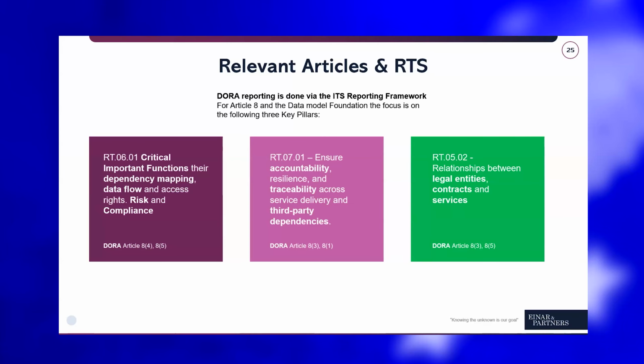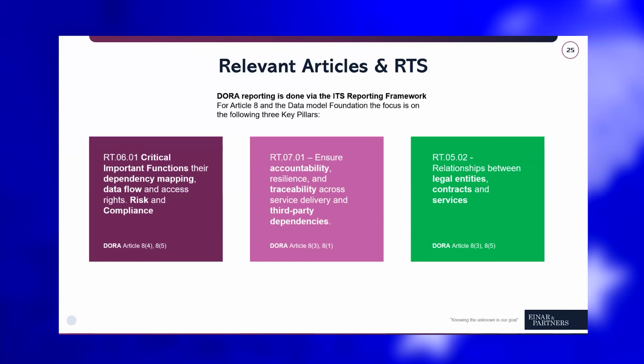So first of all, making sure that you have those critical important functions defined, and also that you have the different dependencies mapped, and that you understand the data flow, that you understand how that connects to risk and compliance. Then the other aspect, to have clear accountability in place, that you understand the different third parties, where they come in, where they support and on which DORA critical function.